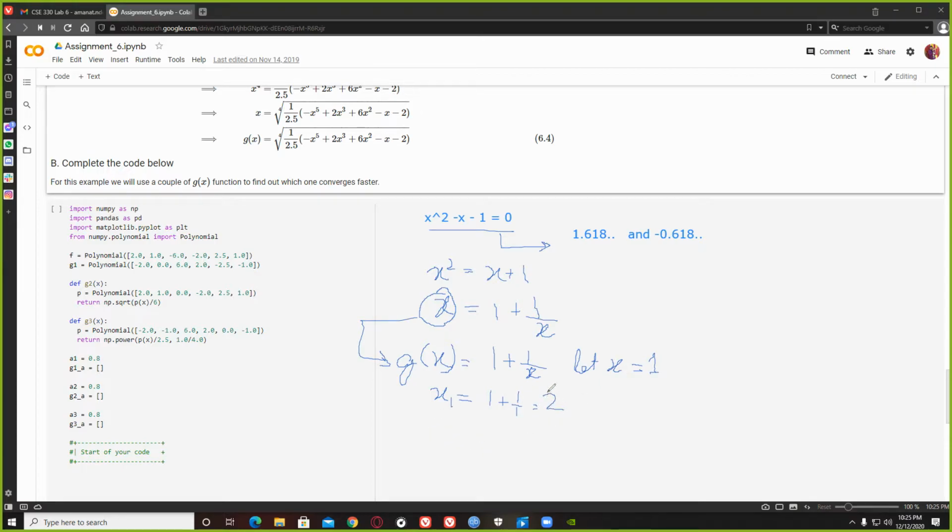Now we use this value and substitute it again with g of x. So g of 2 becomes 1 plus half, which is 1.5.